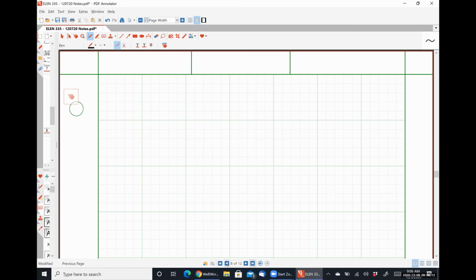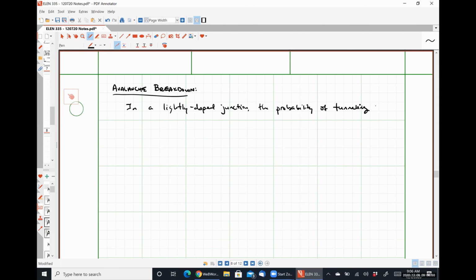For avalanche breakdown, in a lightly doped junction, the probability of tunneling is negligible because the width of the space charge layer is too large.